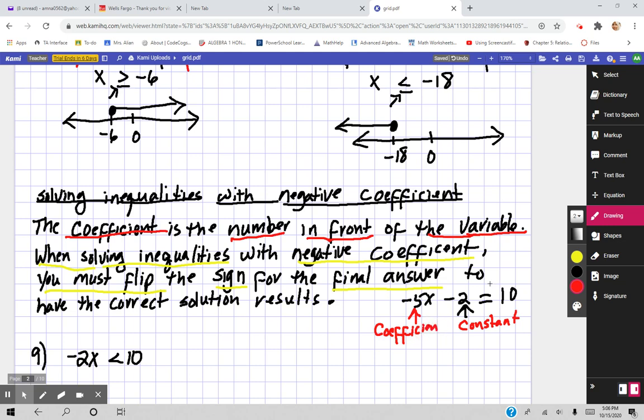It's called the coefficient of x. So the number in front of x is called the coefficient. When the coefficient is negative, you're going to have to flip the sign of the inequality for your final answer, okay? I'll show you and I'll explain why.